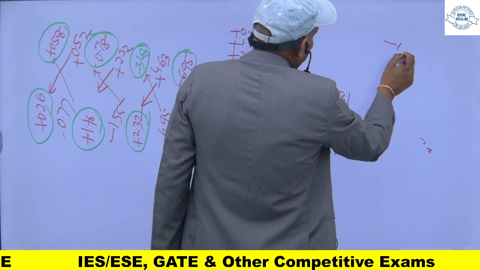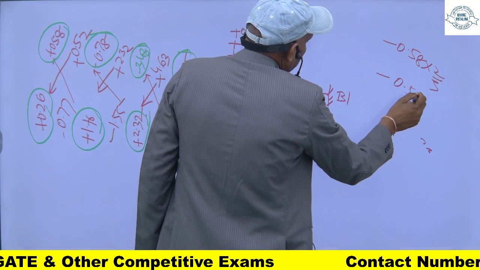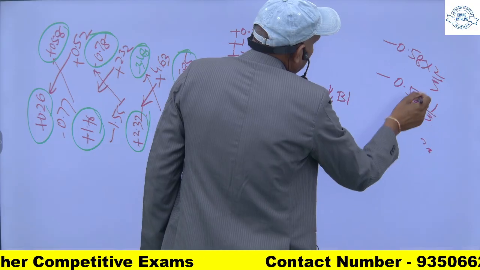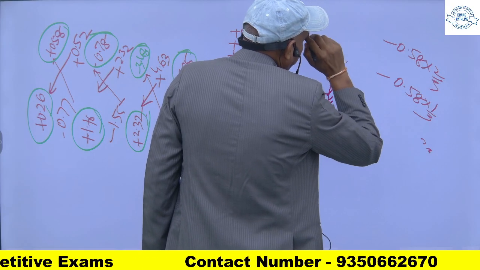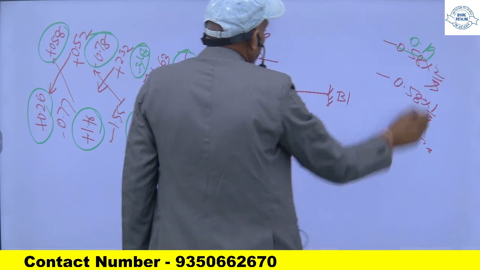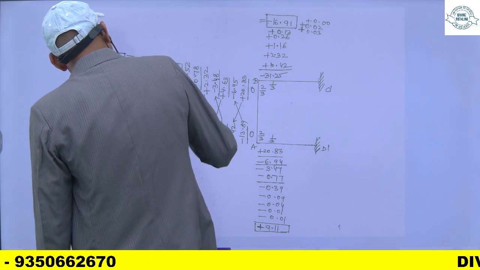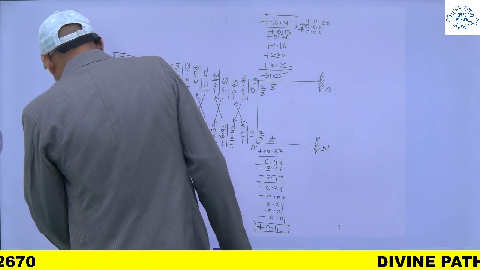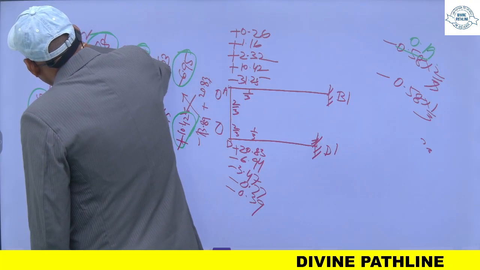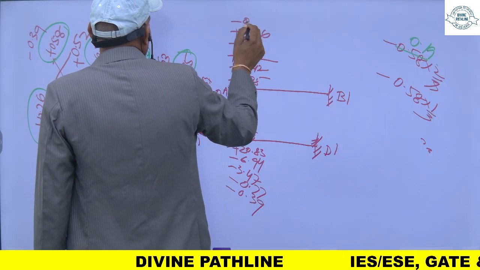So minus 0.58 correction will be applied into 2 by 3 and into 1 by 3. So this will be 0.38 something. So this will be minus 0.39 and this will be minus 0.19.